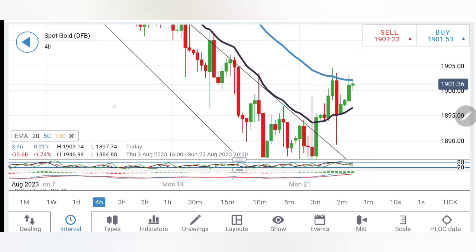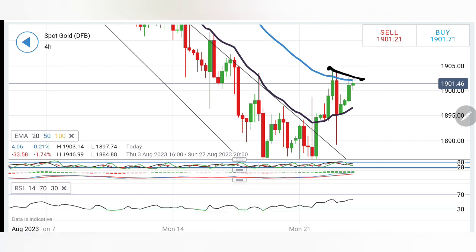Coming to 4-hour charts, lower highs are seen here, and so most of it is suggestive of consolidation right now. Support is seen at 1894. This is very, very clear here, and resistance is seen at 1904, 1906 zone.